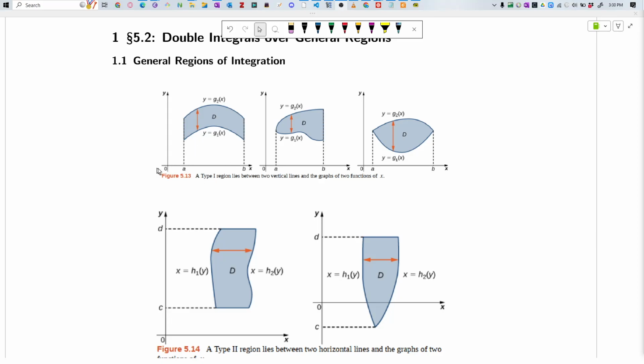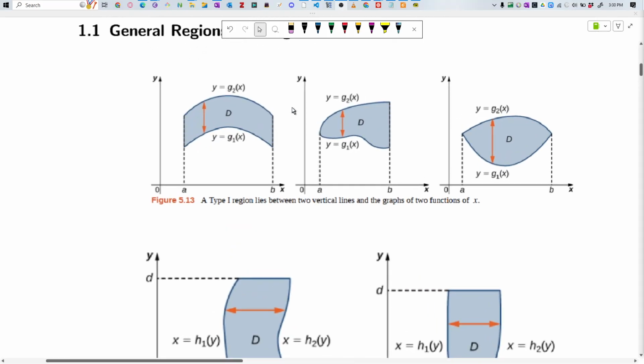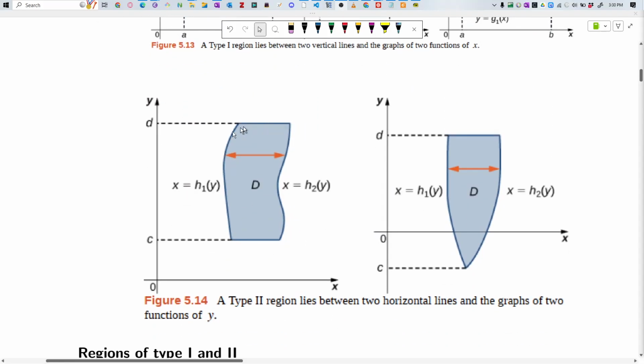Notice that with regions of type 1, you have an upper function and a lower function, and the bounds are kind of neat. So they are like line segments like this, or maybe they are individual singular points. And we have kind of the opposite happening with regions of type 2.